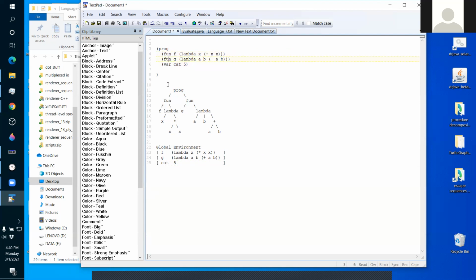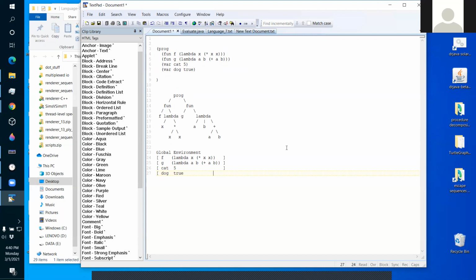There's not much difference between them. Funs have lambda values, vars have, for example, I could have var dog true. That's just a Boolean value. Okay, so that would put into the environment a variable called dog with the value true. So now I would have 4 variables in the global environment: a variable called f, which names a lambda, a variable called g, which names a lambda, a variable called cat, which names the number 5.